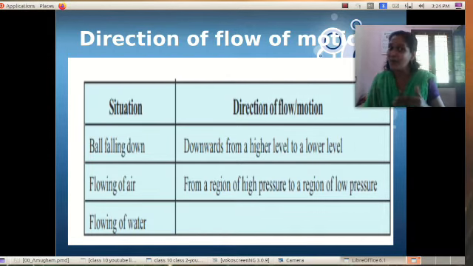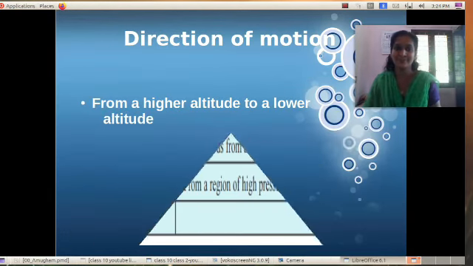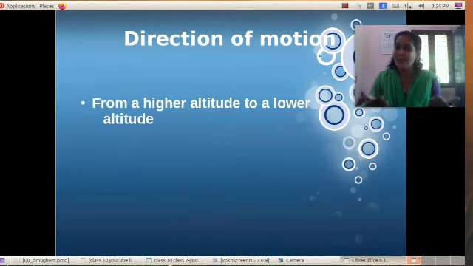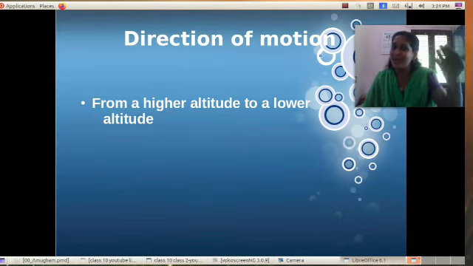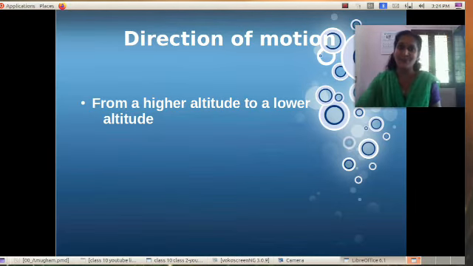In the case of flowing water, all of you saw the waterfalls. Water flows from a higher altitude to a lower altitude.